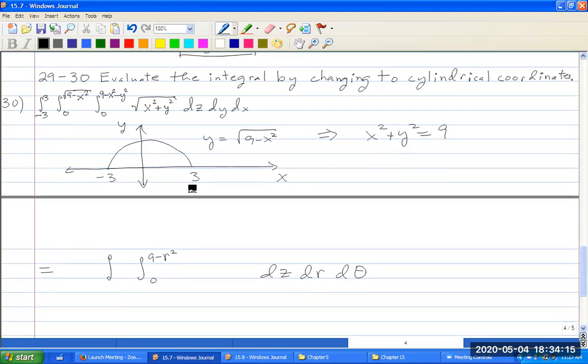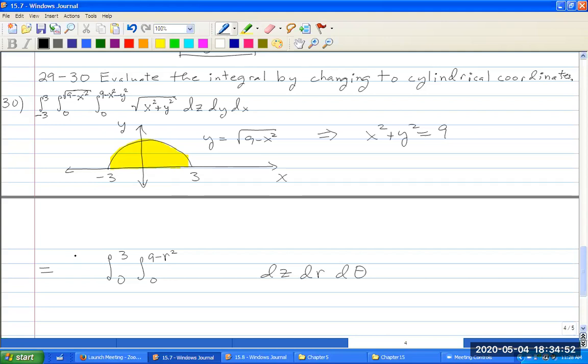So I have that this is the upper half. So the radius goes from 0 to 3 because, well, this has a radius of 3. But my theta doesn't go from 0 to 2 pi. It only goes from 0 to pi because it's the upper half of a circle. So since it's only the upper half here, doesn't look too bad.